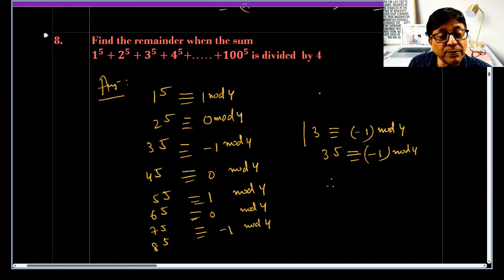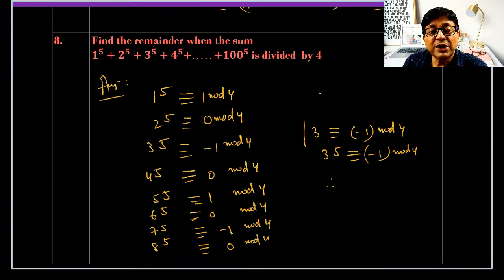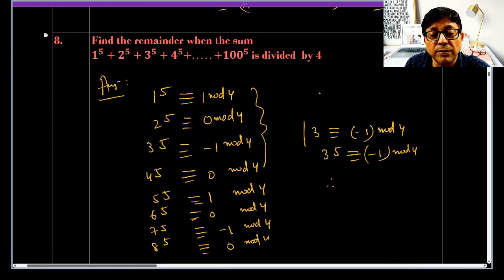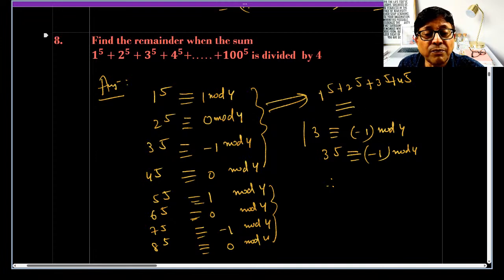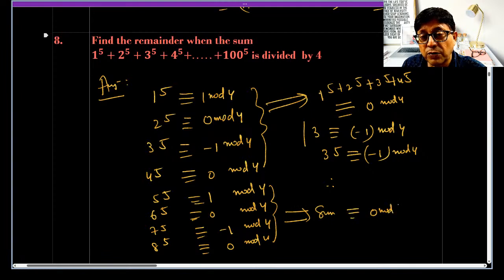And 8 to the power 5, 0 mod 4. So there is a cycle of 4 terms. If you add any 4 terms here, it is 1 plus 0 minus 1 plus 0, which is 0 mod 4. Here also, this sum is congruent with 0 mod 4.